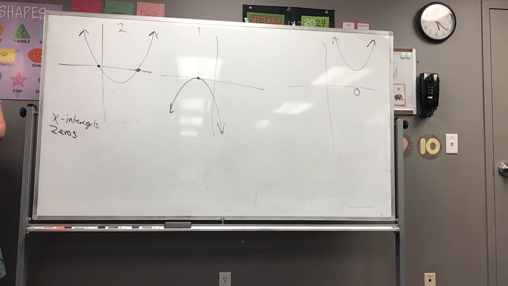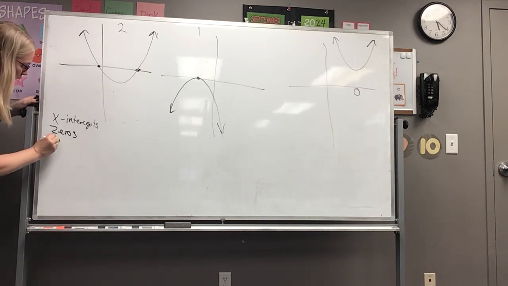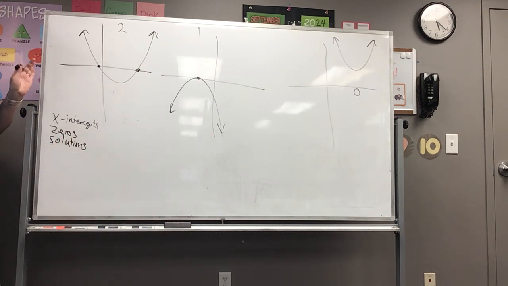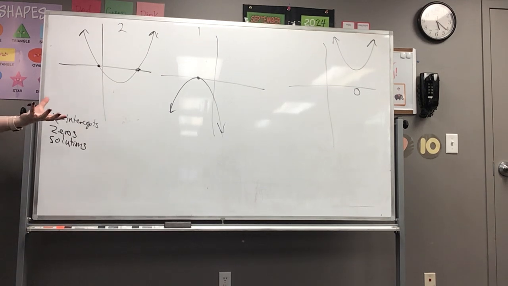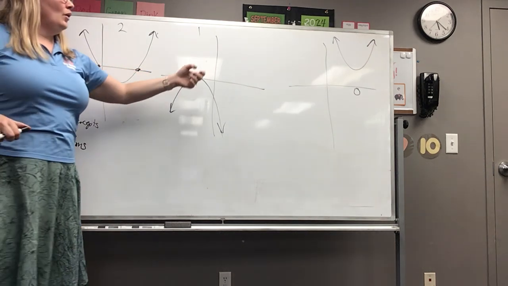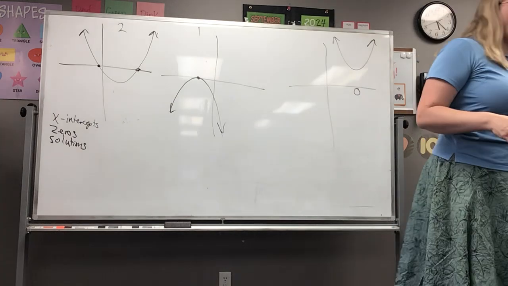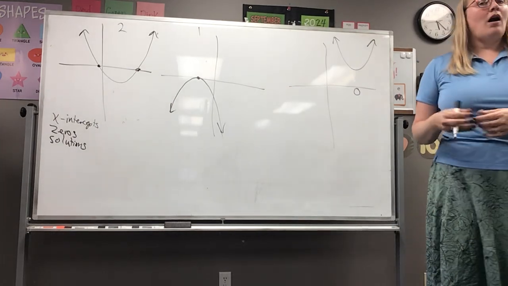Solutions. They will use all 3 of these interchangeably. And so knowing that that's what they're talking about, no matter what way they phrase the question, if they ask about x-intercepts or zeros or solutions, they all mean the same thing. These points where it crosses the x-axis, these points where y is equal to 0, all of those things.